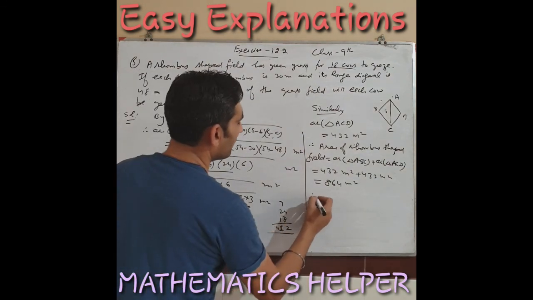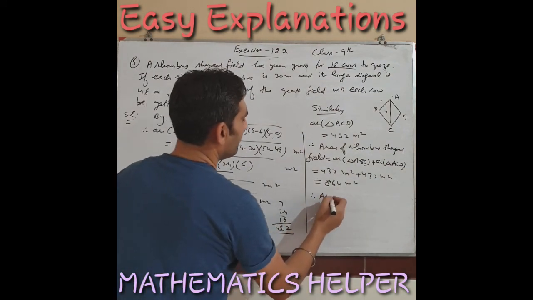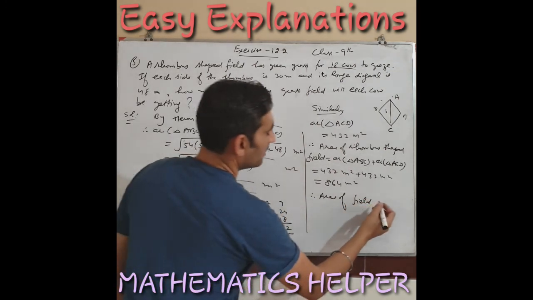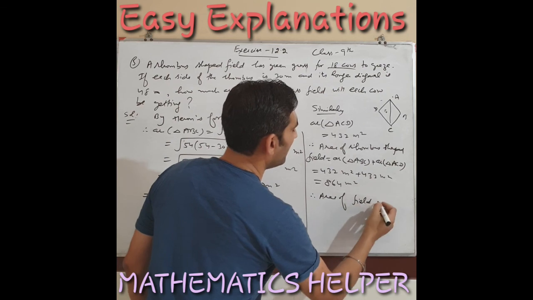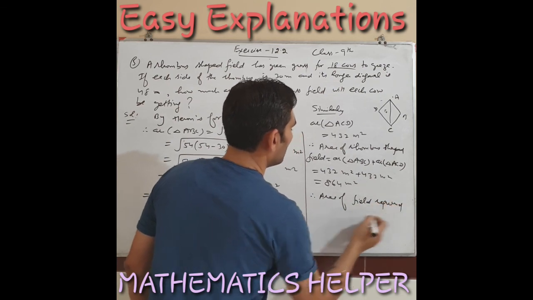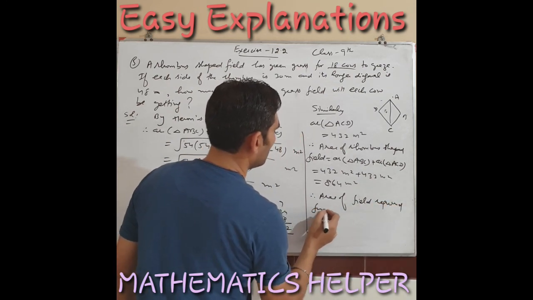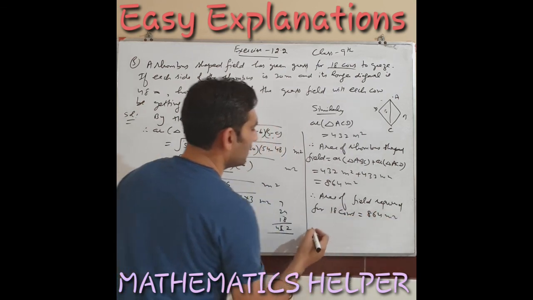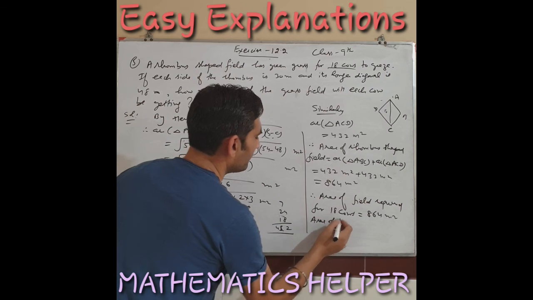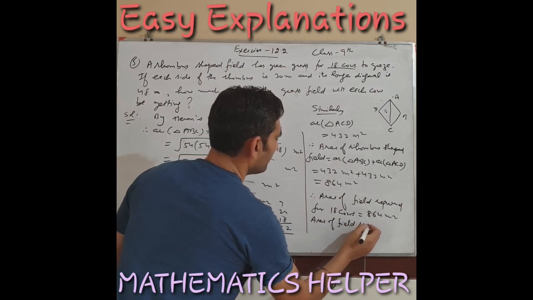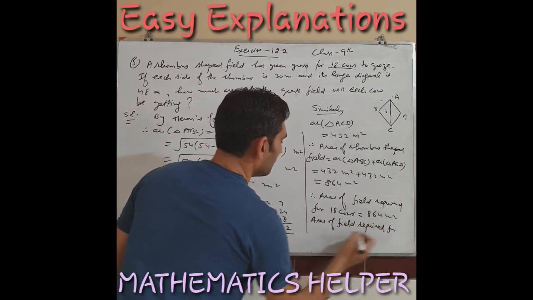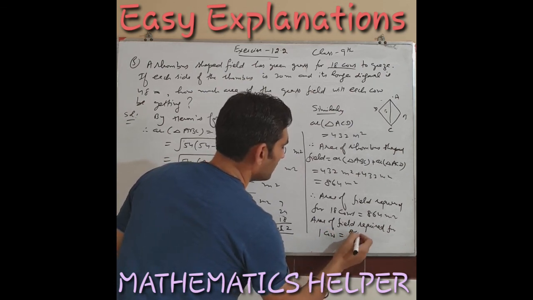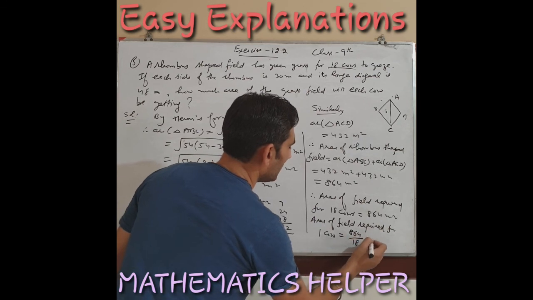So therefore the area of field required for 18 cows is 864 meter square. Then the area of field required for 1 cow, by the unitary method, is 864 over 18 meter square.